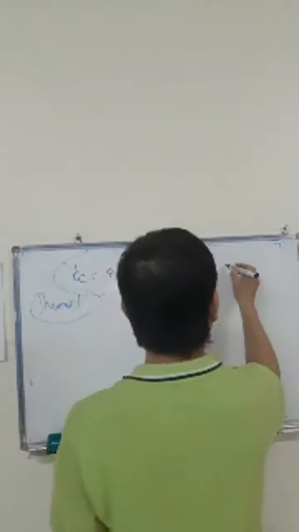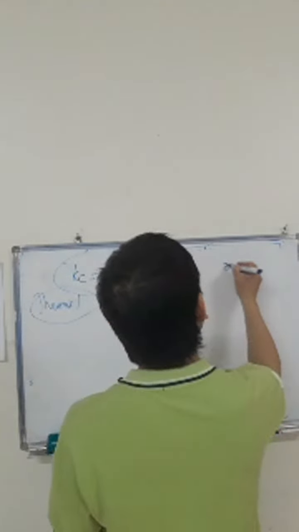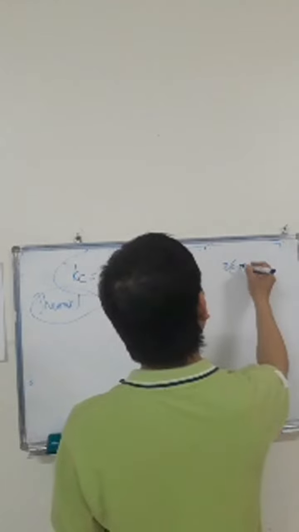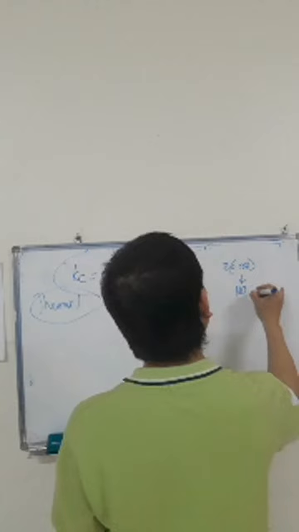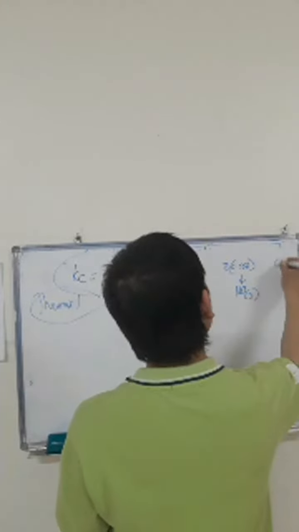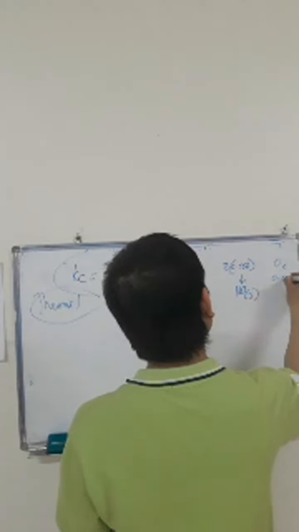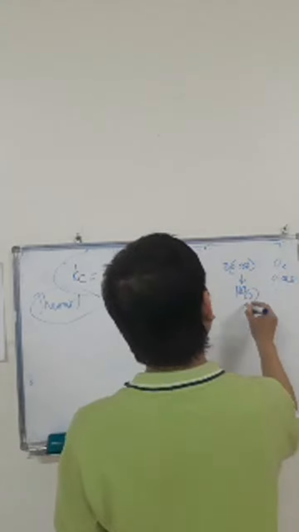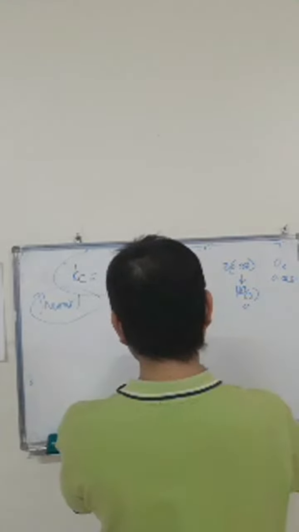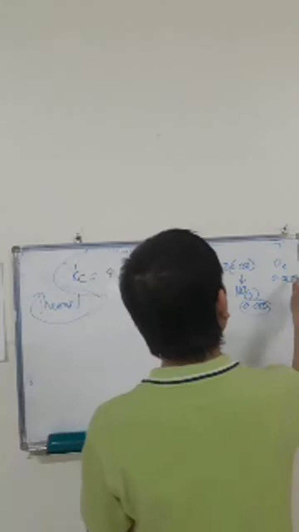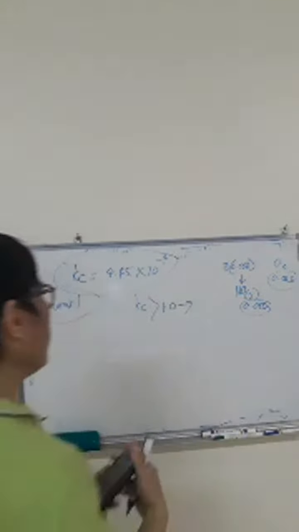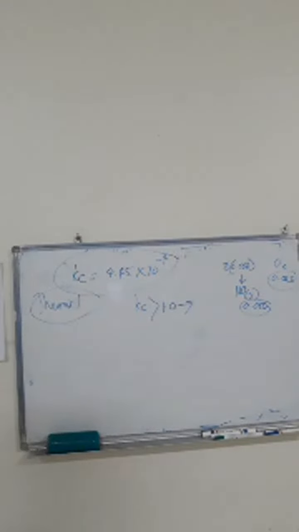We have 2x, which is 0.0284 for NO gas, and for chlorine gas we have 0.028. And we have 0.056. So if Kc is greater than 1, it will go to the product.